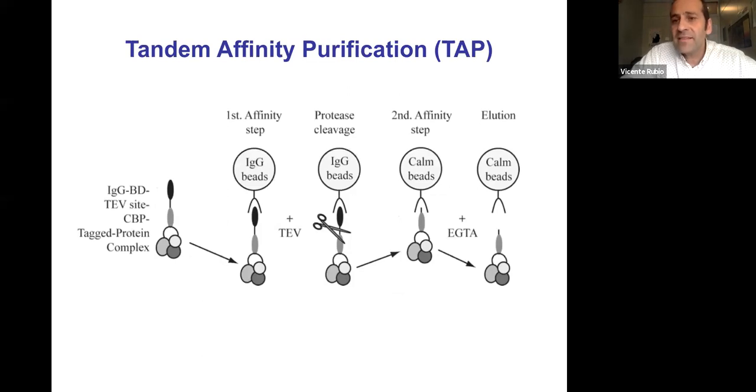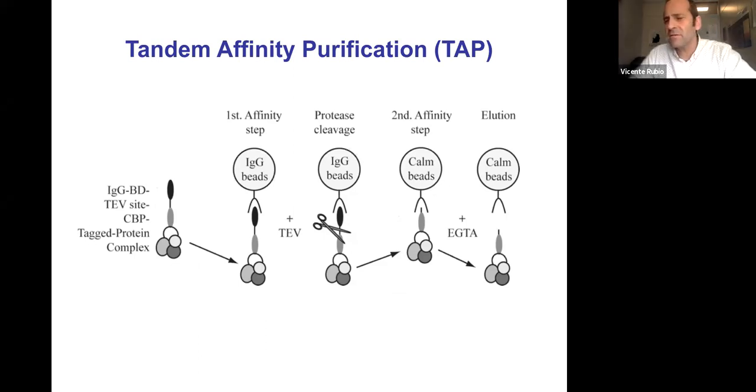So then this is the other one that we use in the lab on a daily basis, which is the tandem affinity purification of protein complexes. This is the original system that was set up in yeast.